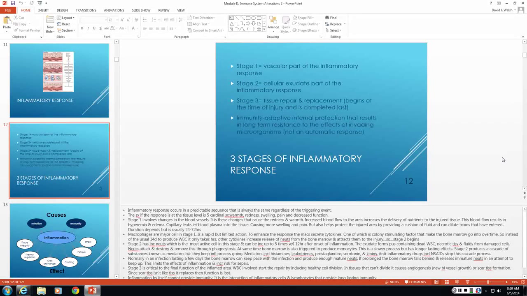Now the exudate forms pus containing dead white blood cells, necrotic tissue, and fluids from the damaged cells. Now neutrophils attack and destroy and remove this through phagocytosis.